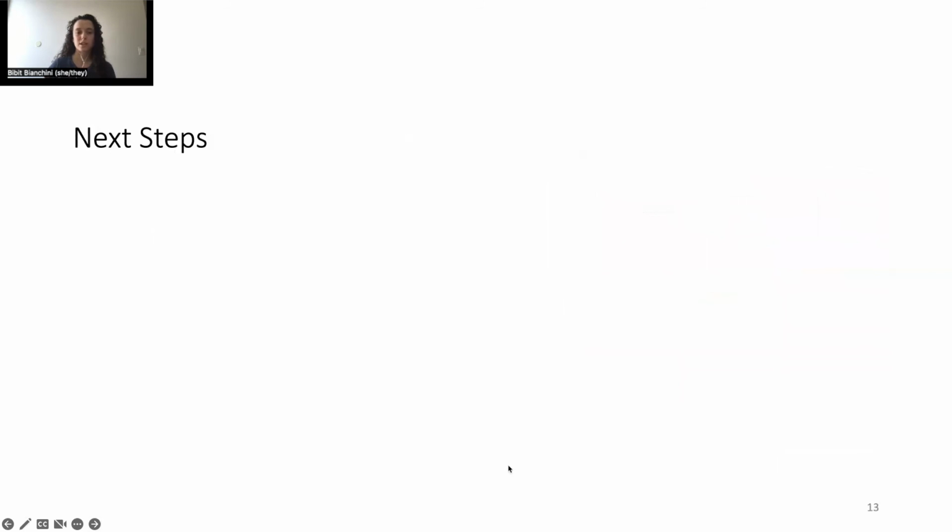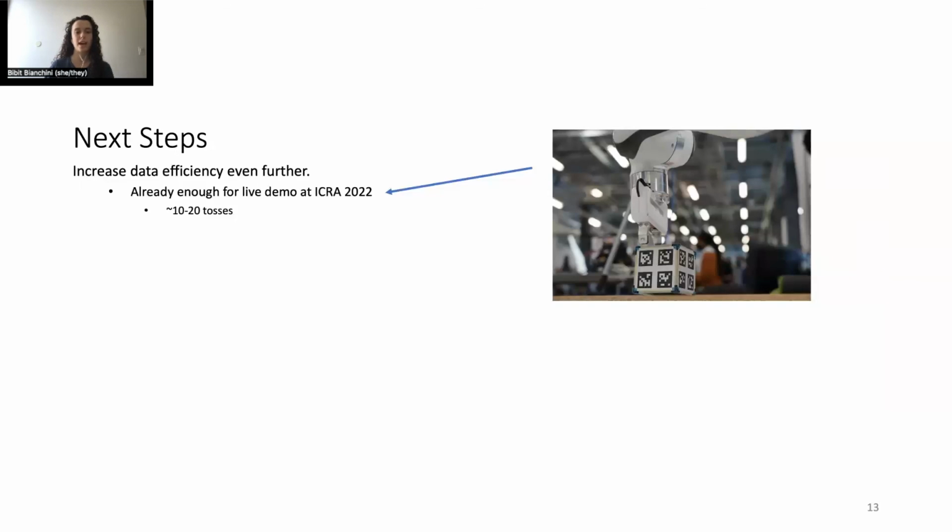Just to look at some next steps, we really want to increase our data efficiency even further. To explain where we currently are, at ICRA just a couple months ago, we were able to perform live demonstrations where at just around 10 or 20 tosses, we could show perfectly reasonable convergence of the learned geometry of our cube.